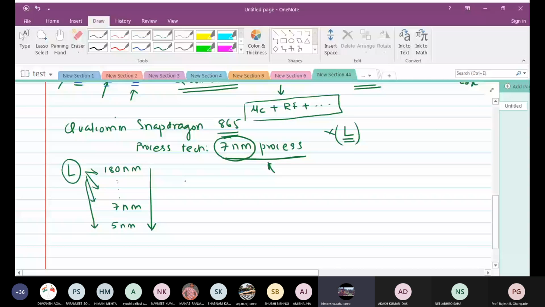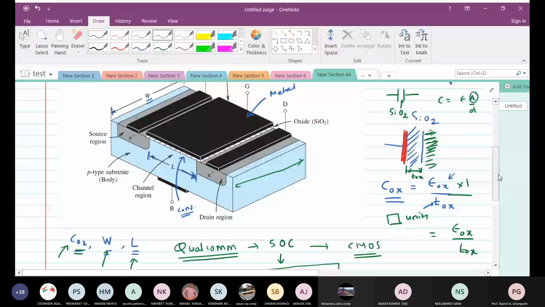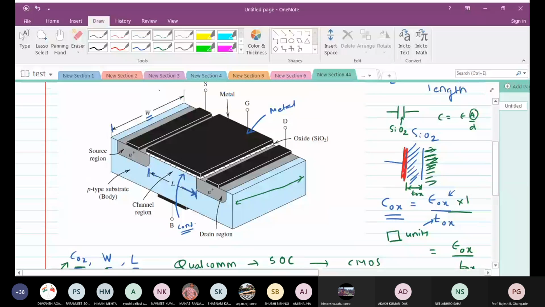If I decrease L, more transistors will be fabricated on the same area, and more transistors translate to more functionality, and that is the reason why your processors are becoming more and more powerful. All right. Anyway, that was a slight detour from our discussion, but I just wanted to emphasize this channel length.